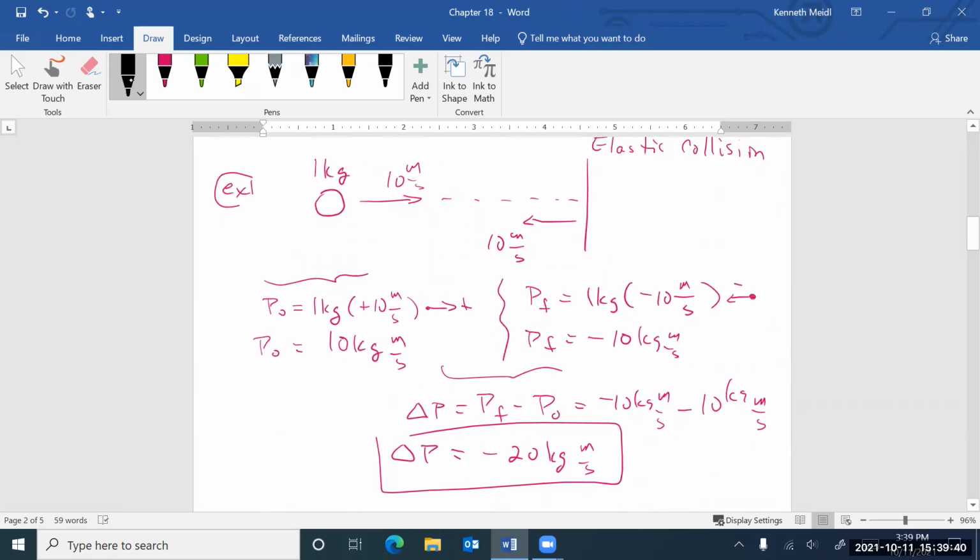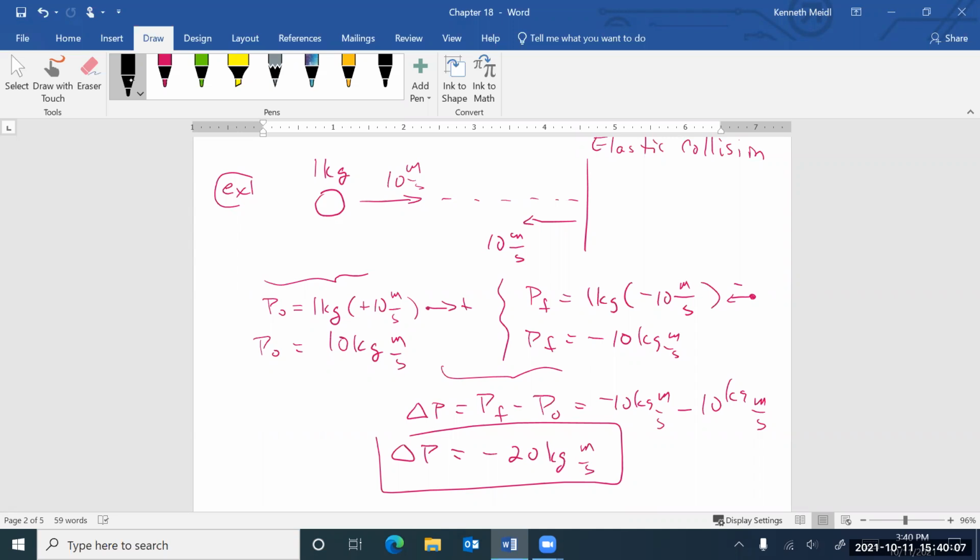It came in with 1 kilogram times 10 meters per second, or this 10 kilogram meters per second amount of momentum, and it leaves with the same amount. The only difference is that there's a change of sign here, right? But overall, the change of momentum is twice the initial momentum, because of the change of direction.